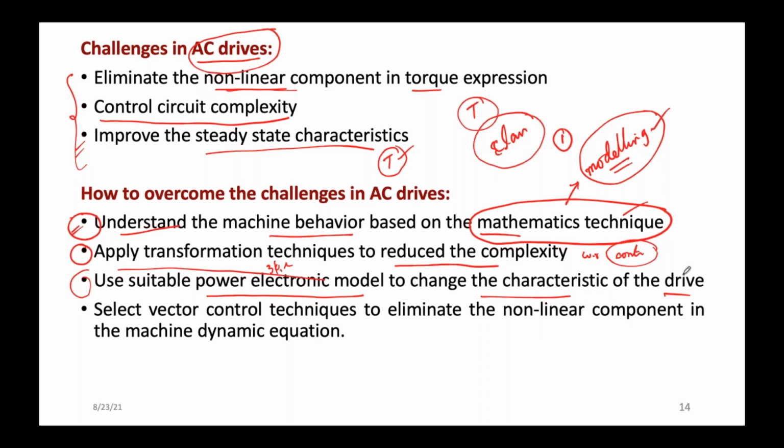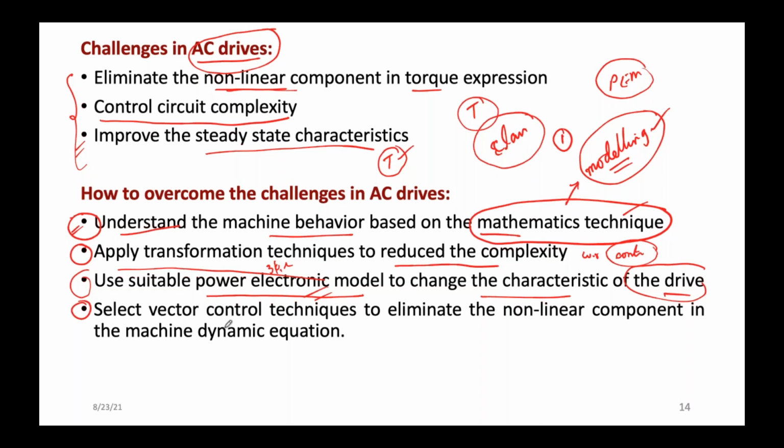Without the power electronic model, AC drives were generally used for constant speed applications. Before the invention of the power electronic model, no one was using AC drives in variable speed drive applications. AC drives were used only for constant speed applications. But after the invention of the power electronic model, they are adopting AC drives for variable speed drive applications.